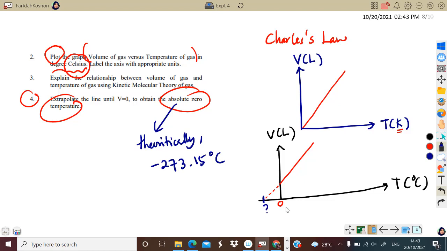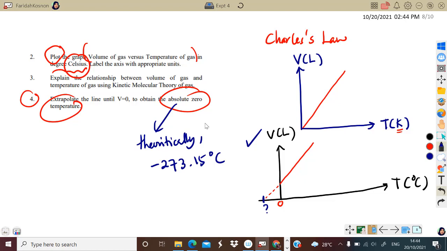So graf ni nanti kena hantar dengan lab report. So you have to plot on the graph paper. Okay. Lepas you dah settle, maksudnya kita akan buat graf yang ni. You have to explain the relationship between volume of gas and temperature of gas using kinetic molecular theory of gas.